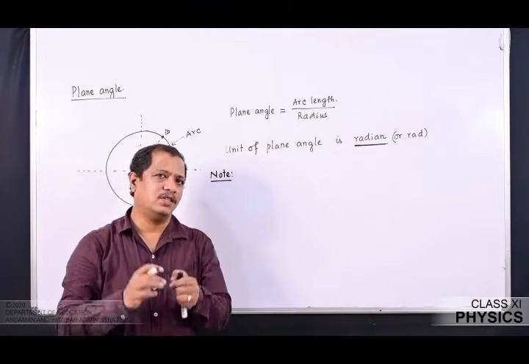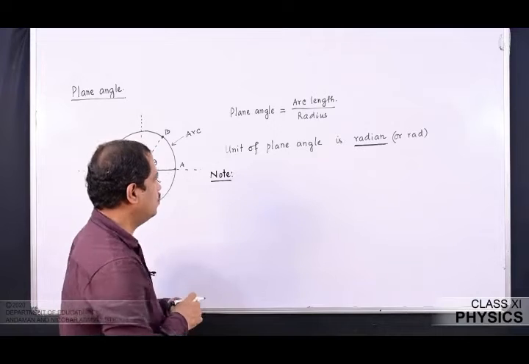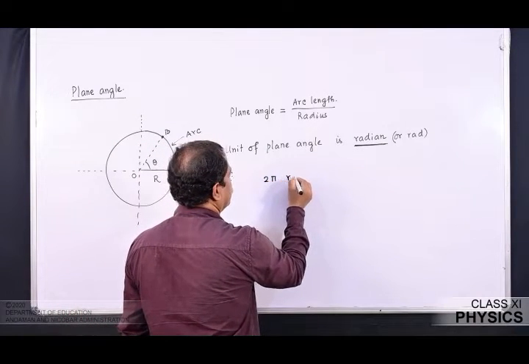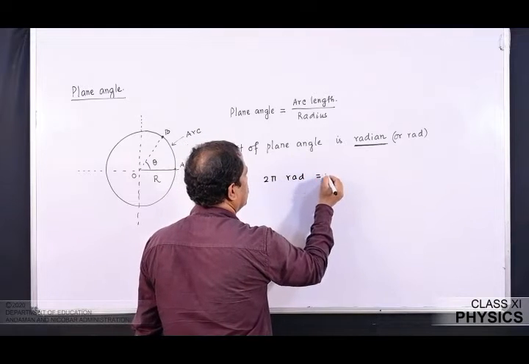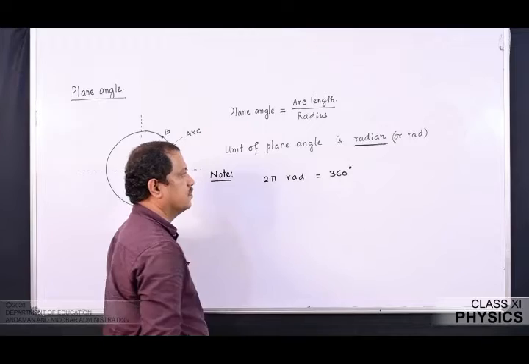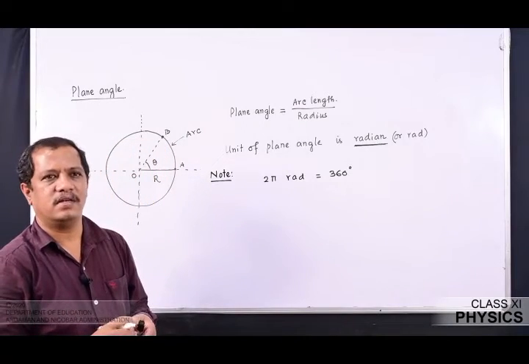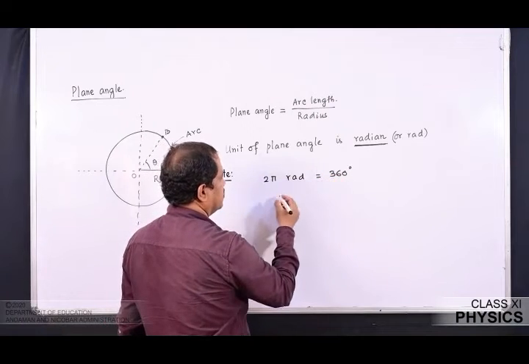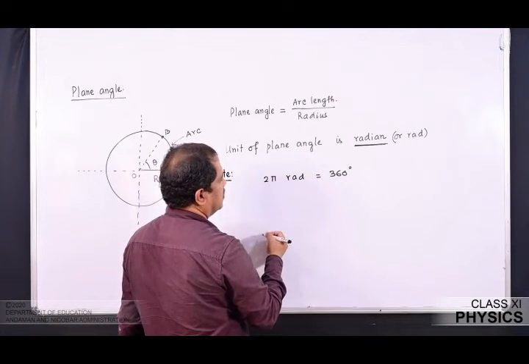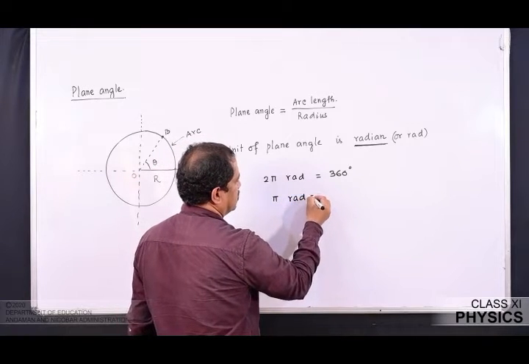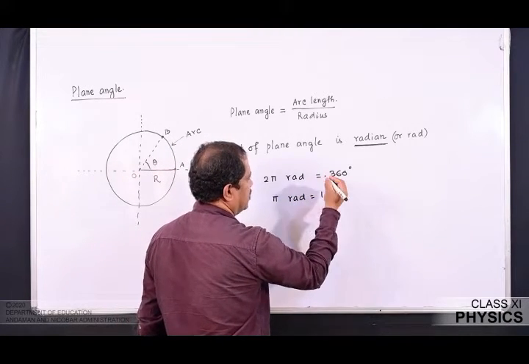So, we should have the relation between the two. That is how we say, 2 pi radian is always equal to 360 degrees. If I divide 360 by 2, I am going to get pi radian is equal to 180 degrees.